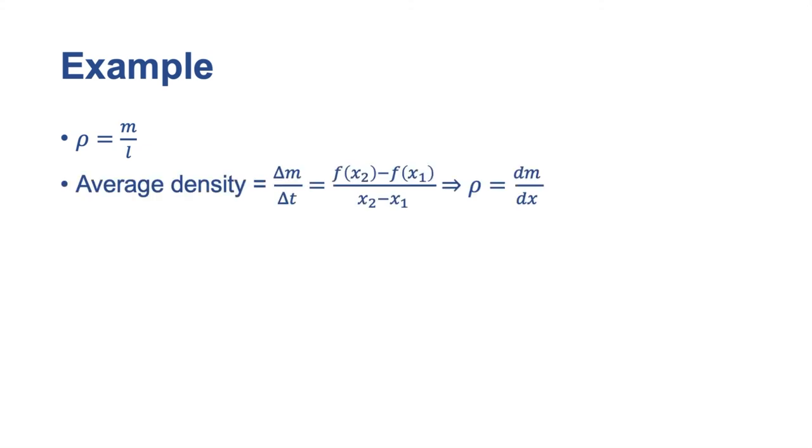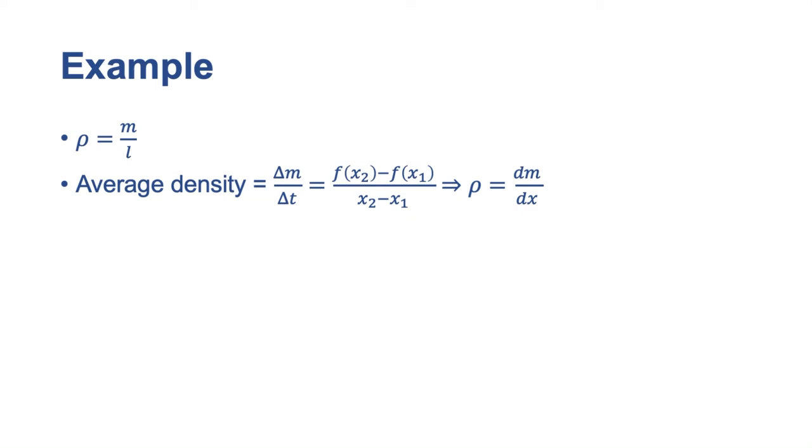This example is going to involve density. Density is denoted by rho, the Greek letter, and our expression says rho equals m over L. The average density is going to be delta m over delta x, and then we have that secant approximation, f of x2 minus f of x1 over x2 minus x1.